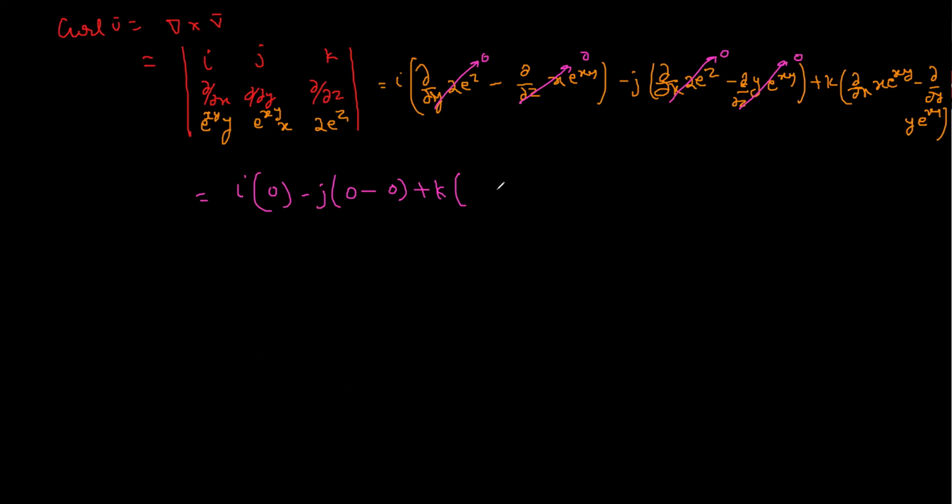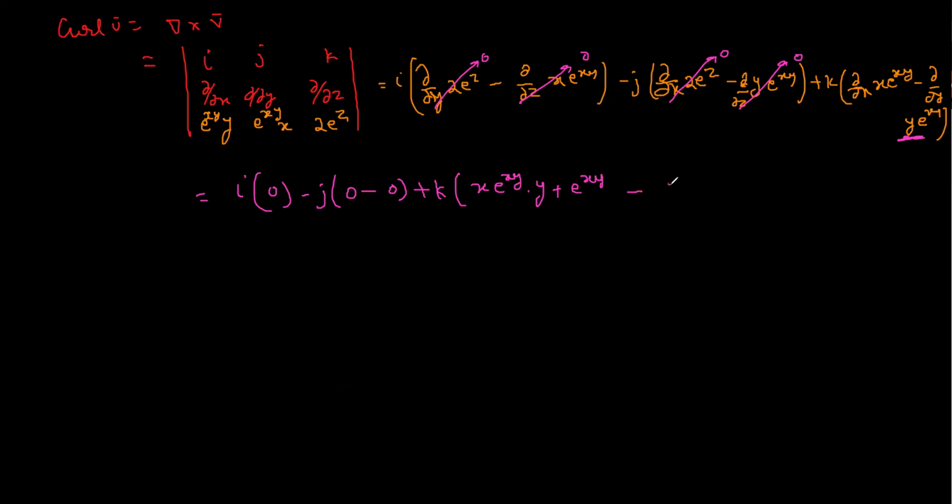So you have to use the u into v rule, right? u v dash plus v u dash. Now in this also use u v rule.